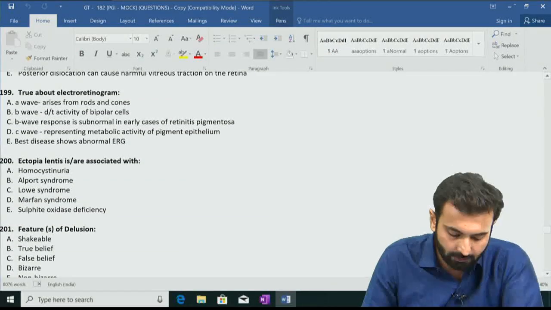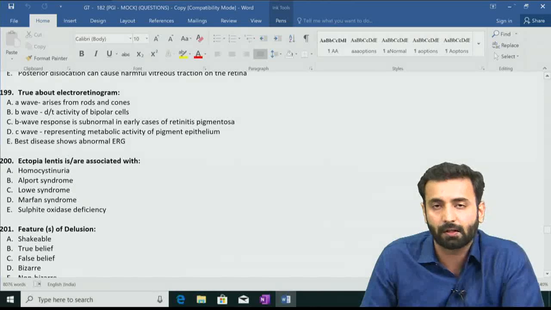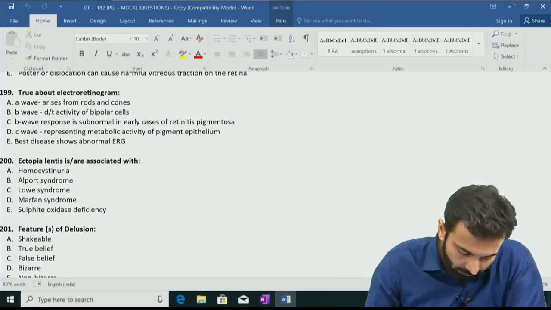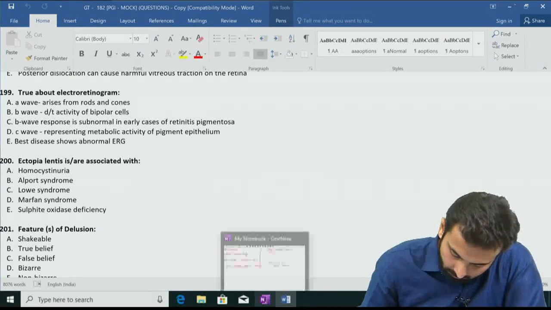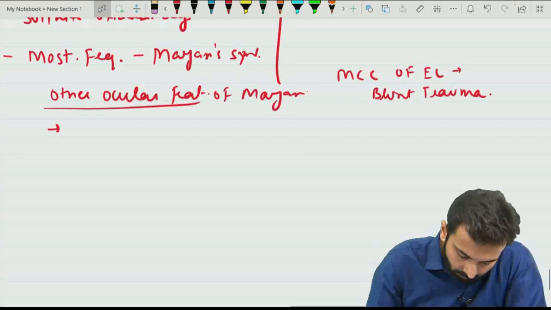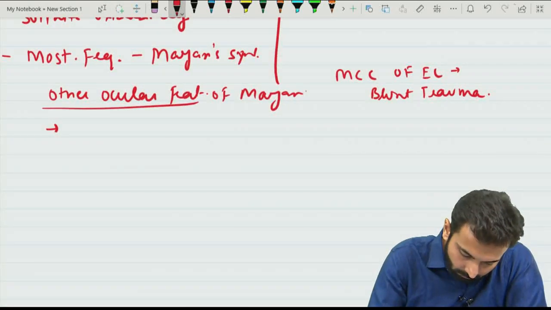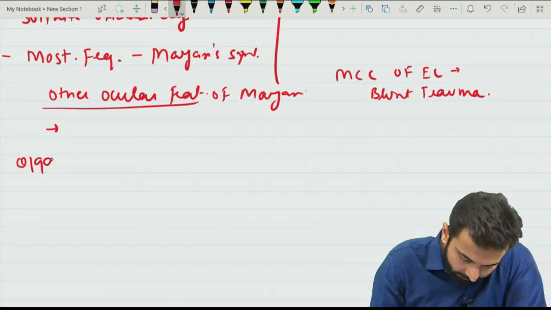Next question, they are asking about the electroretinogram, which is called ERG. So let us discuss briefly about ERG. Question number 199.